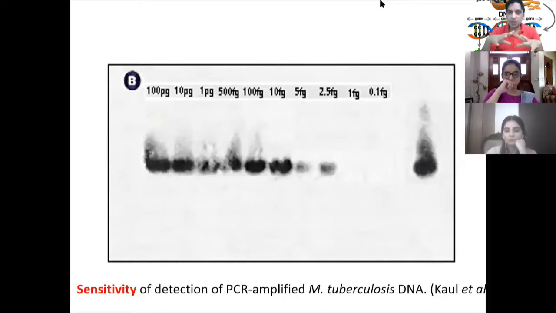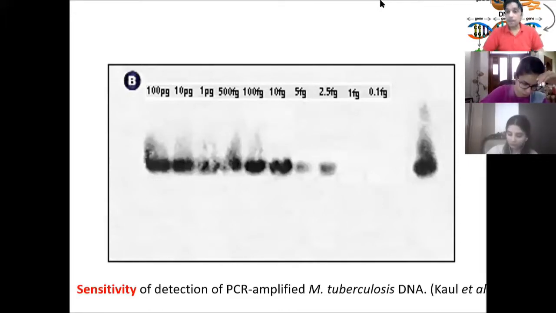The simple PCR is also used to detect the presence and absence of the virus. The quantitative PCR or real-time PCR is used to not only detect the presence and absence of the viral genome, but it can also help us to quantify the viral load as well.